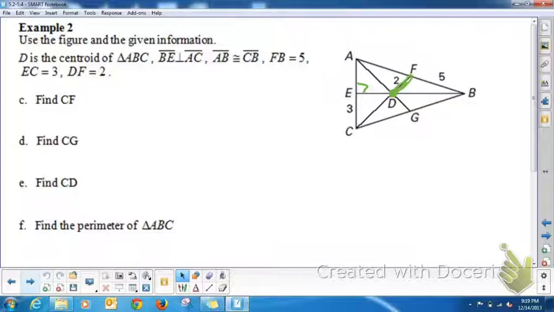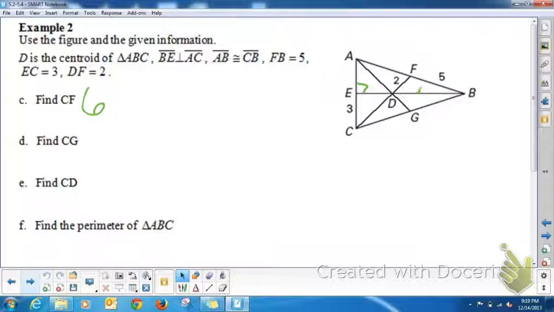Remember, this is the median, so it's split into 1/3 and 2/3. The 2/3 side is always the one that goes to the angle. The 1/3 is the segment that goes to the side. So CF would be this whole segment. If 1/3 of it is 2, then the whole thing would be 6, because I'd multiply it times 3.